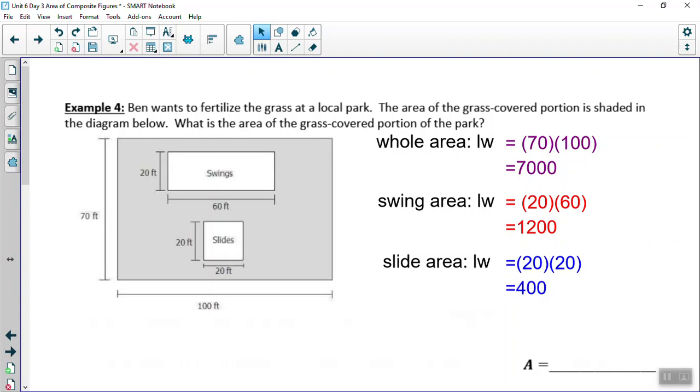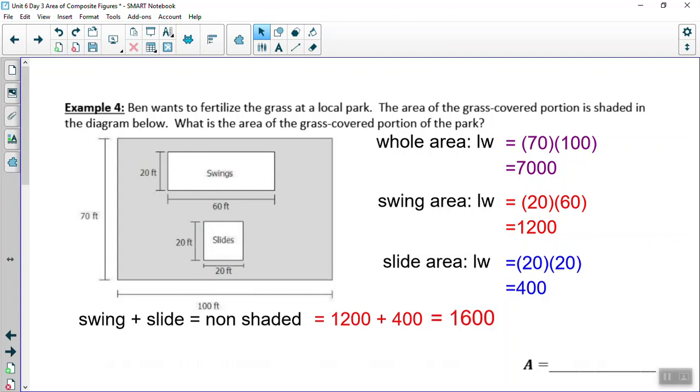All right, so now I know all those individual areas. Well, remember, it's really kind of shaded area versus the non-shaded area. So let's take those 2 non-shaded areas, my swing and my slide, and combine just those 2 together. So that's the 1200 plus 400 is going to give me a total of 1600. So I have 1600 square feet that I do not want to fertilize.